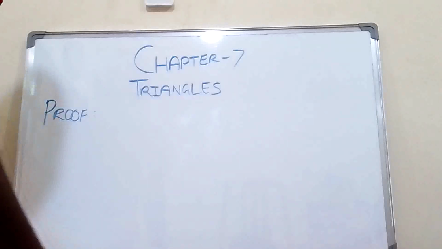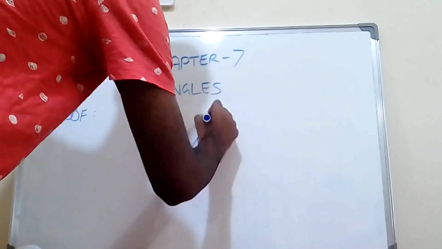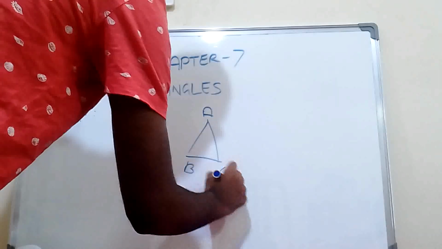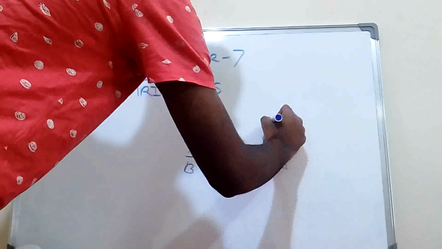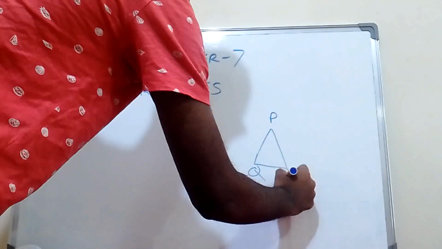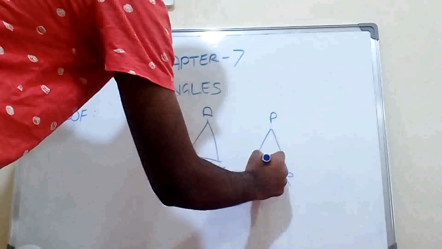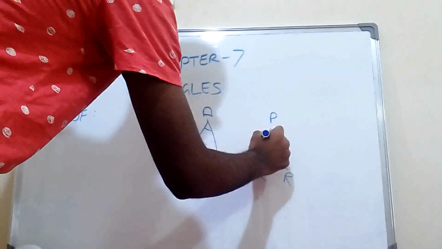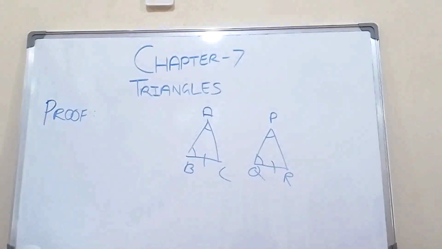Case one: for example, we have triangle ABC and triangle PQR, and we are given that angle B is equal to angle Q, angle A is equal to angle P, and BC equals QR. So these values are given to us.